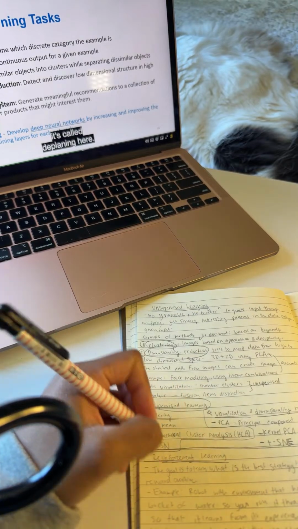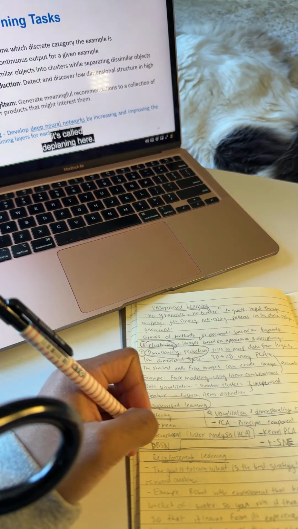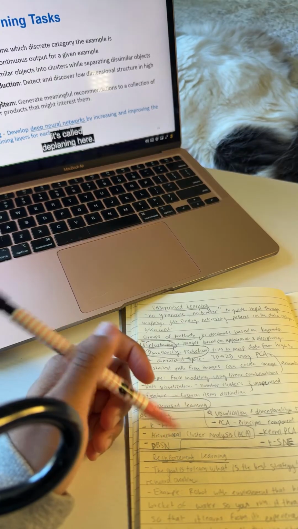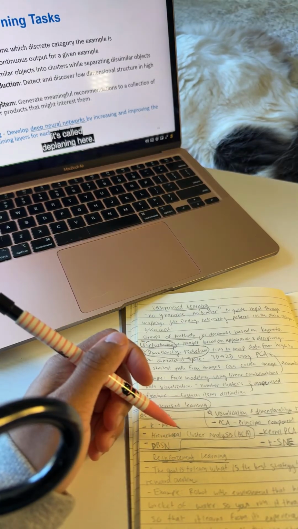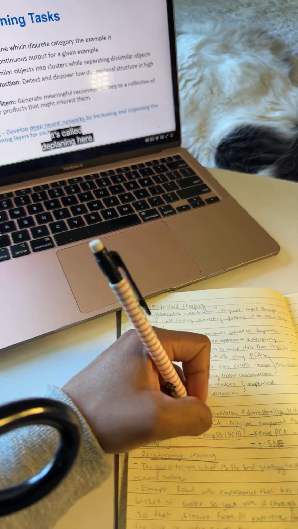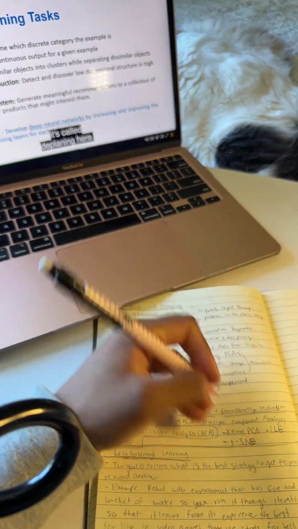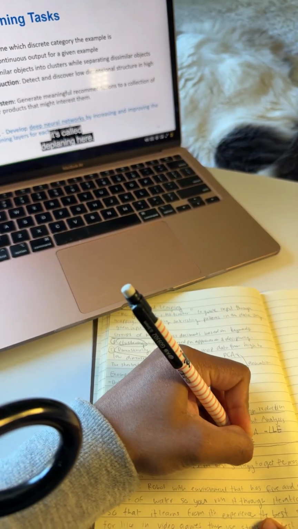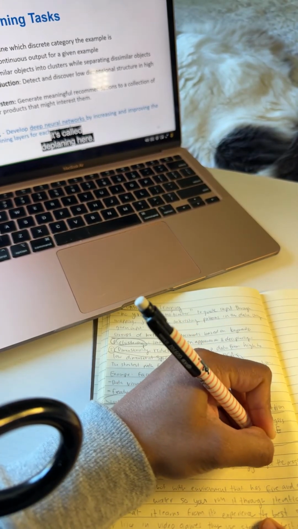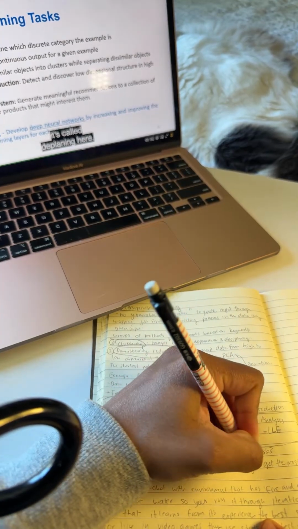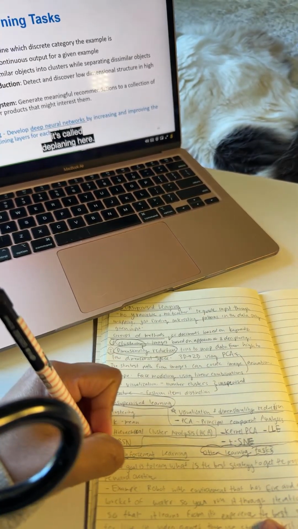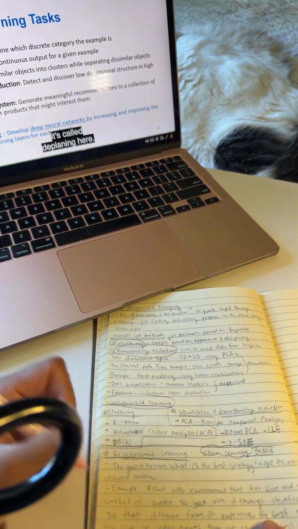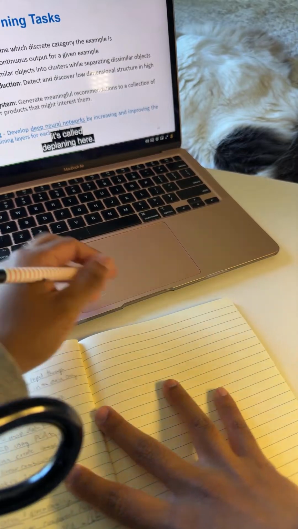So these are other learning tasks, like reinforcement learning. Now we have deep learning too.